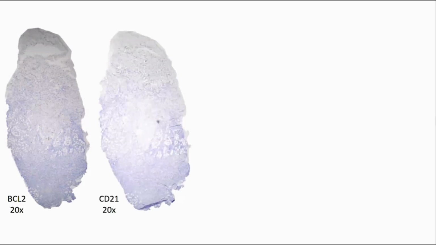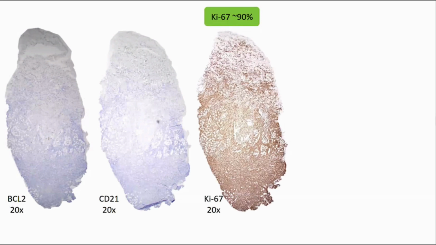BCL2 is negative, so it's not overexpressed in this case. It's just highlighting background T cells. Follicular dendritic meshworks with CD21 are notably absent. The Ki67 is very high, at 90% or above.